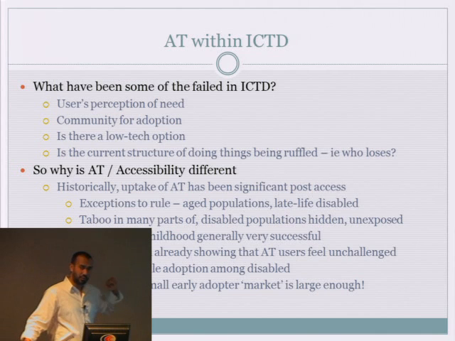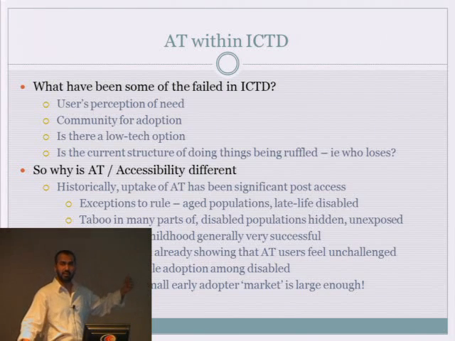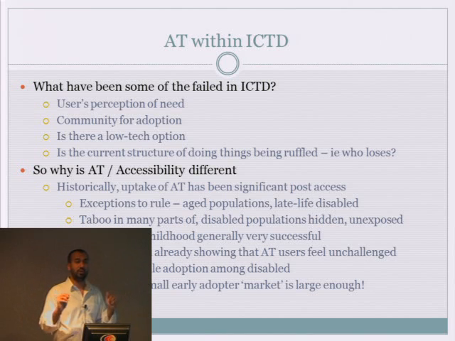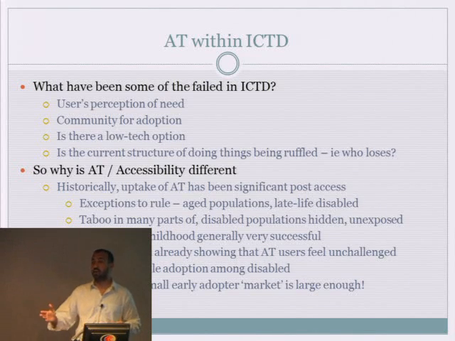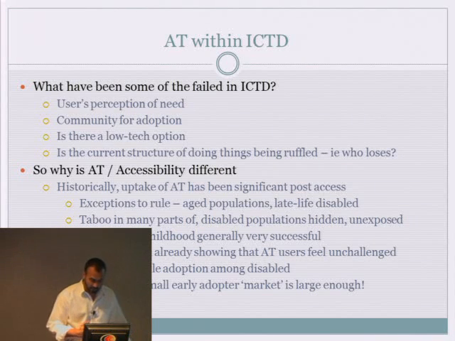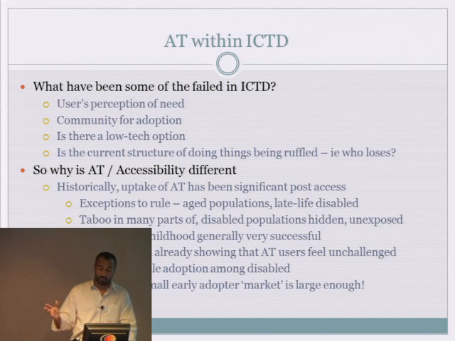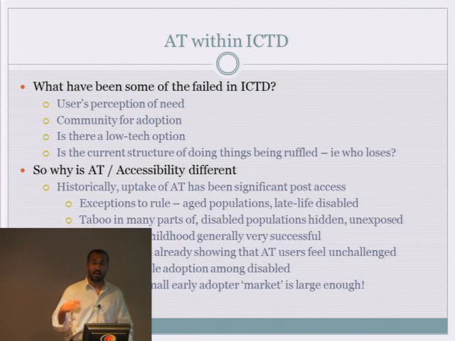There are obviously exceptions to the rule where people haven't adopted the technology even when you assume that they should. Aged populations or people with late-life disabilities are the cases which are documented in the research on assistive technology. There is also taboo in many parts of the developing world around disability.